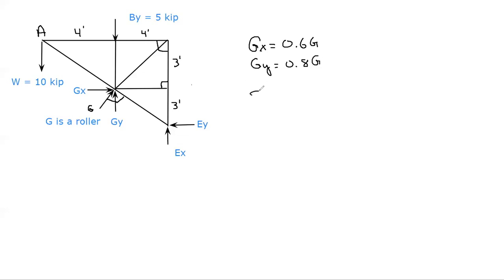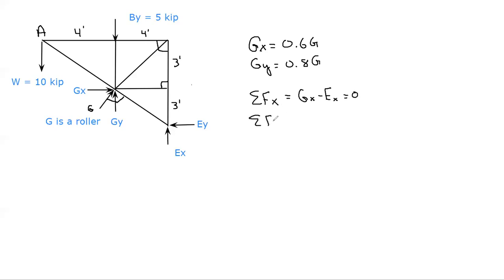Setting up our equilibrium equations. The summation of forces in the x direction: Gx minus Ex is equal to 0.